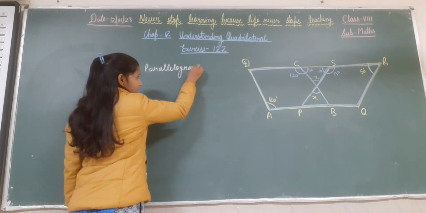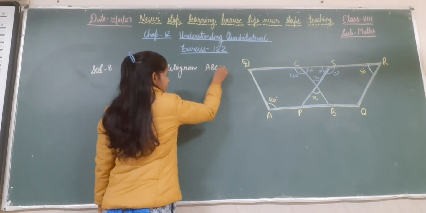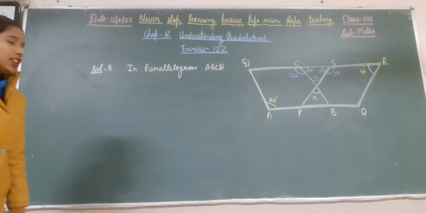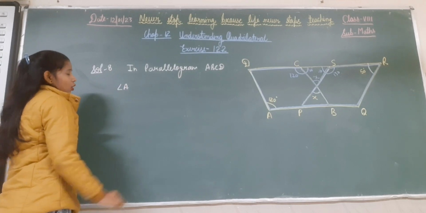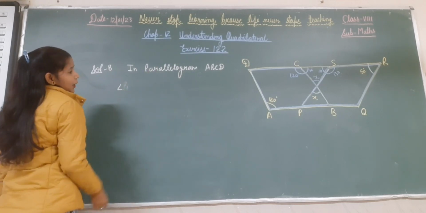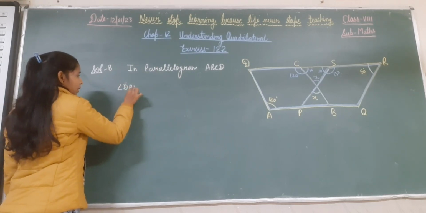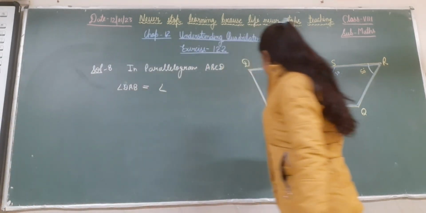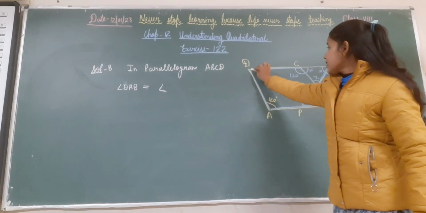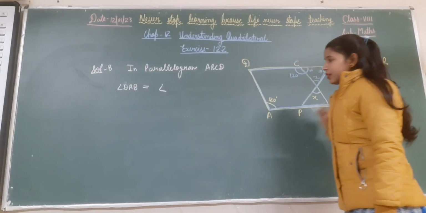In parallelogram ABCD, angle A, or you can say angle DAB, is equal to angle DCB, right?